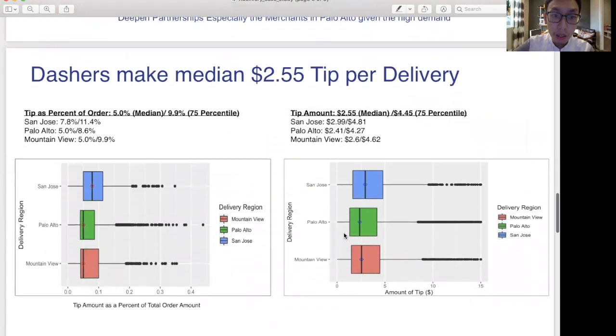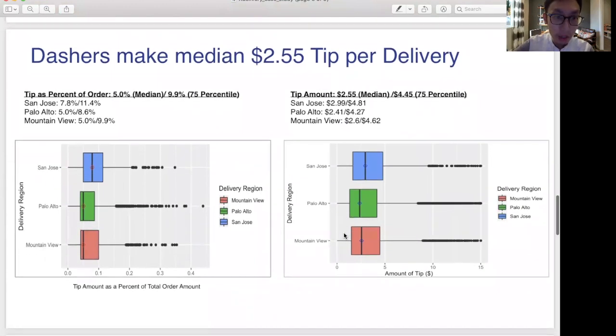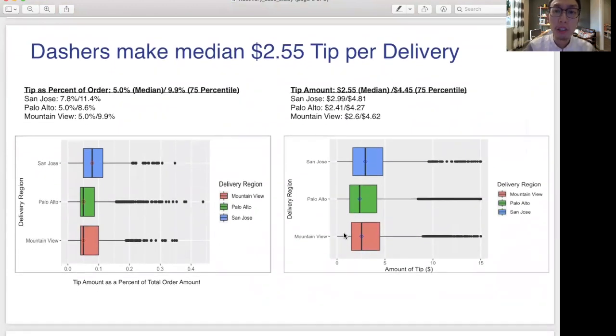So I think I talked about this one earlier as well, to really look at the tip, creating a box plot of the amount of tip that customers actually give to the drivers themselves.